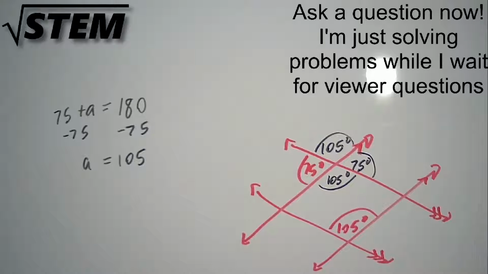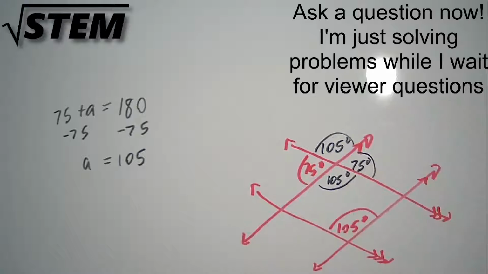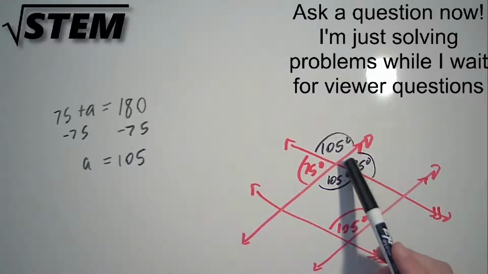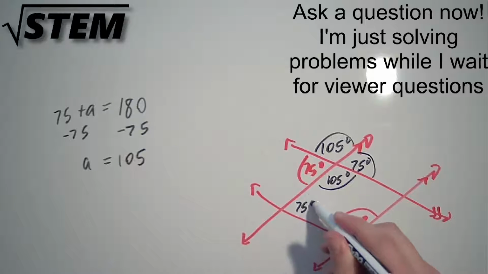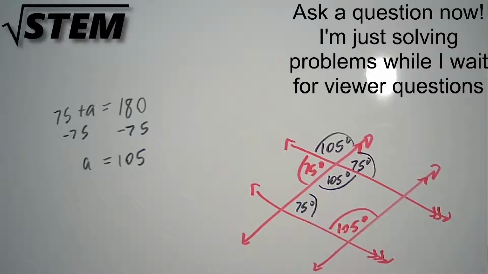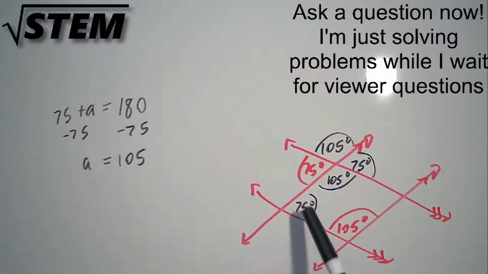Now, because this line is parallel to this line, we can say that this angle is actually the same as this angle, making this one 75 degrees. And from there, we end up with all these other angles being the same too, because 75 plus this angle has to be 180, which means this is also 105.